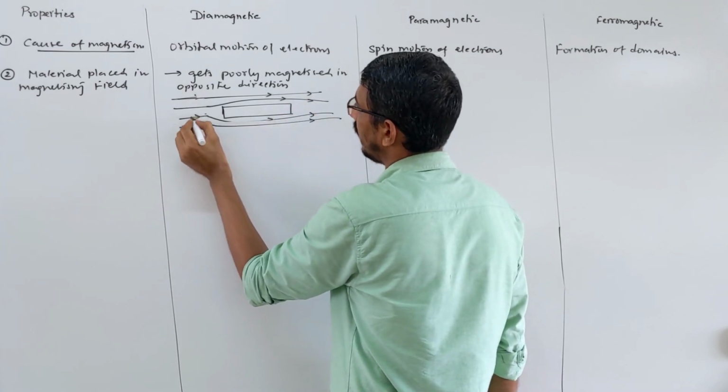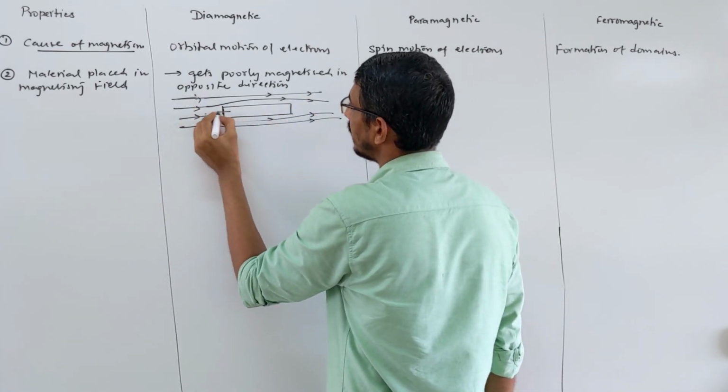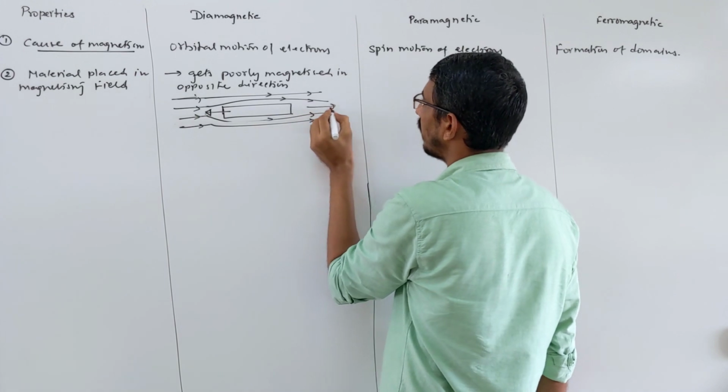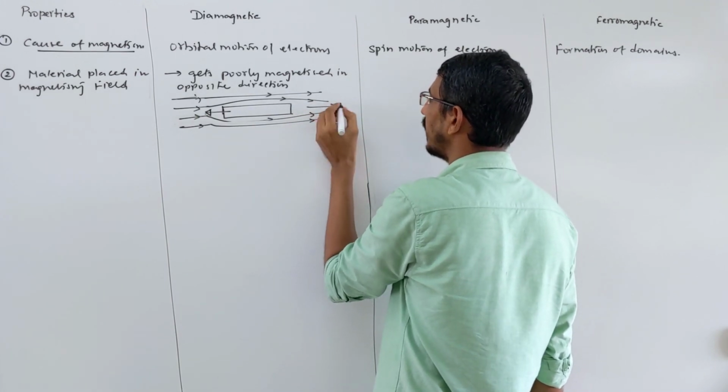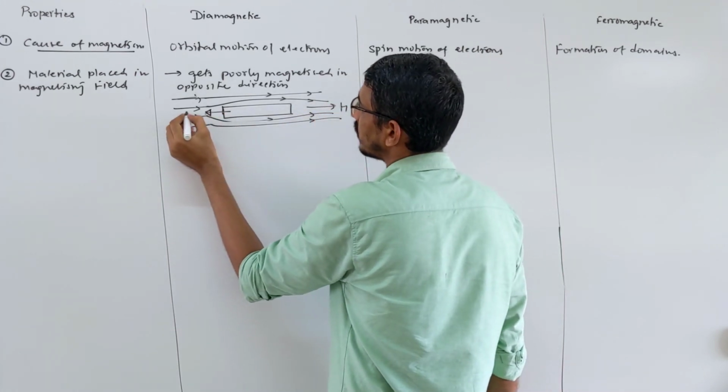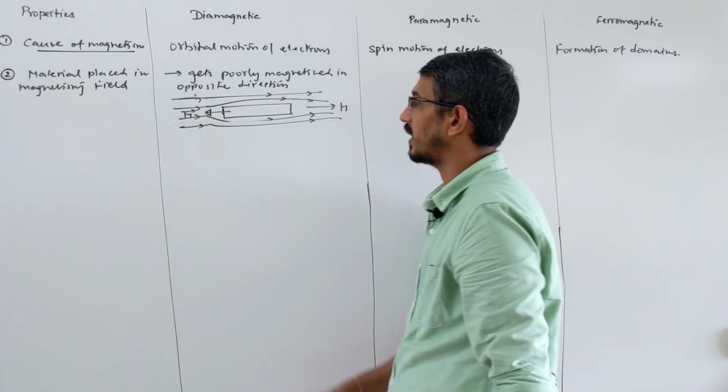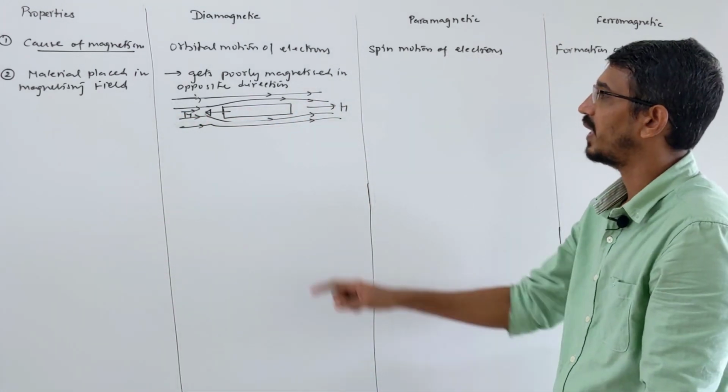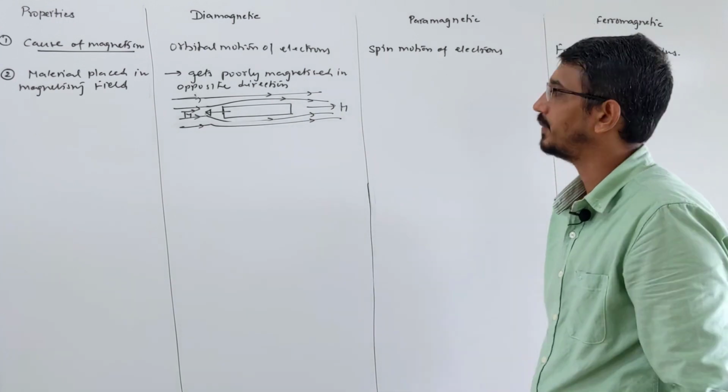They will not try to enter it. So it gets magnetized in the opposite direction. This is the direction of the magnetic field, let's say H. Then this is the direction of the magnetic moment: it gets magnetized in the opposite direction to the magnetizing field.